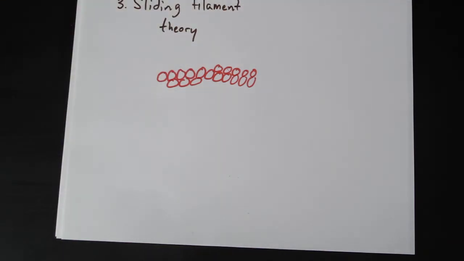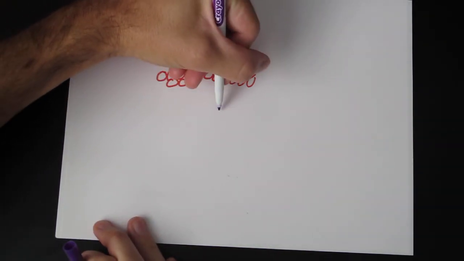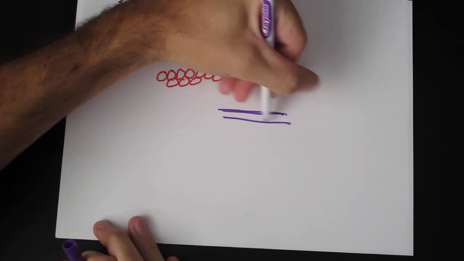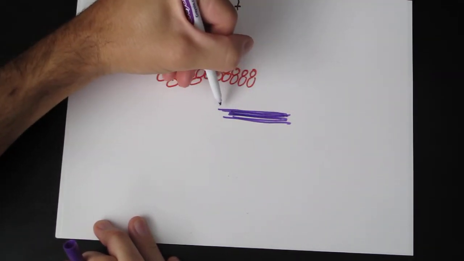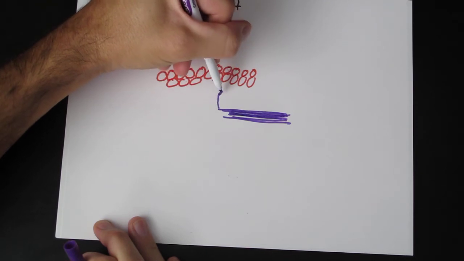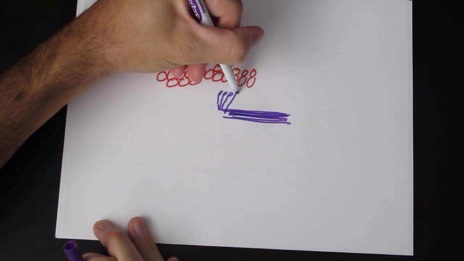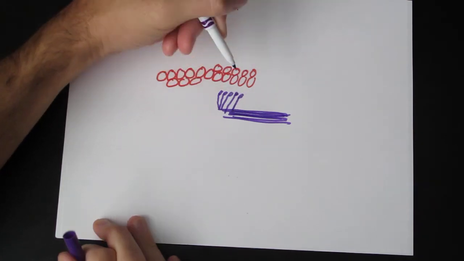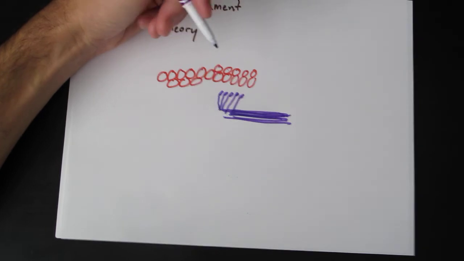Okay, and then our thick filaments are made up of this protein myosin, right? There's some overlap there. So here's our myosin that kind of looks something like this. And remember that each one of these guys has two of these little heads that come up. So on an individual thick filament, you'd have many of those myosin heads that come up, right?